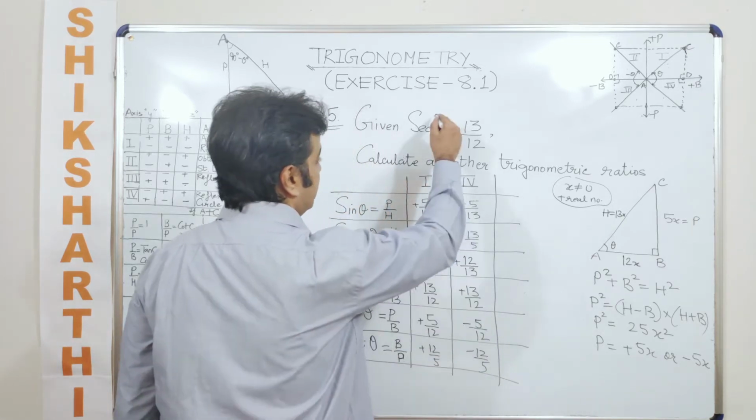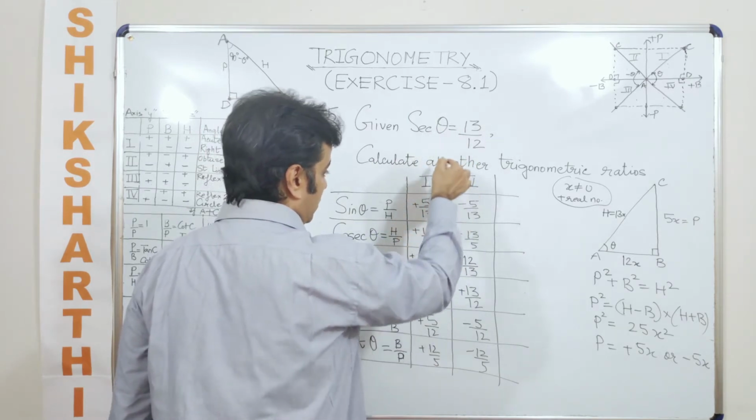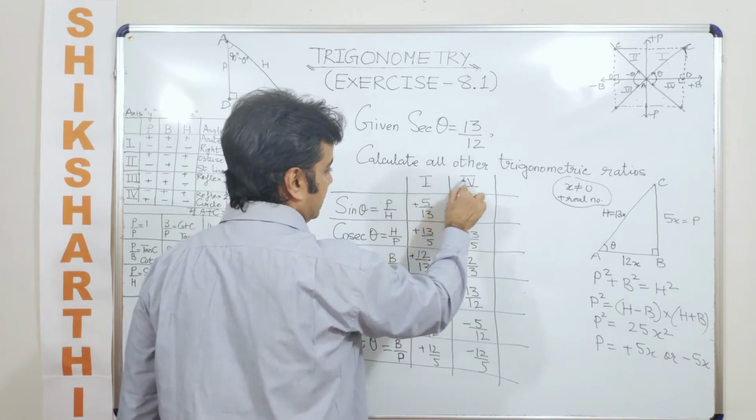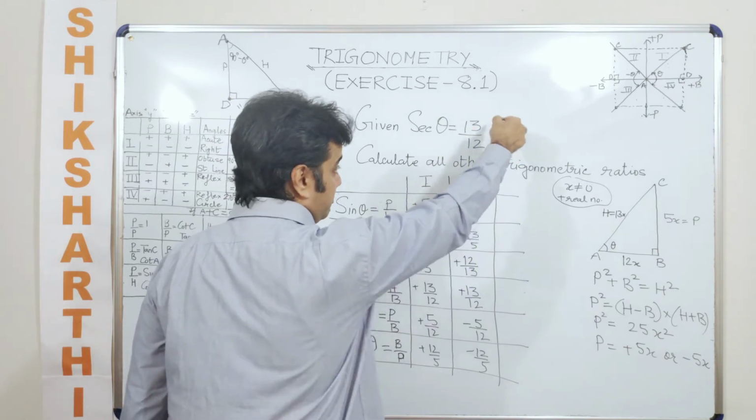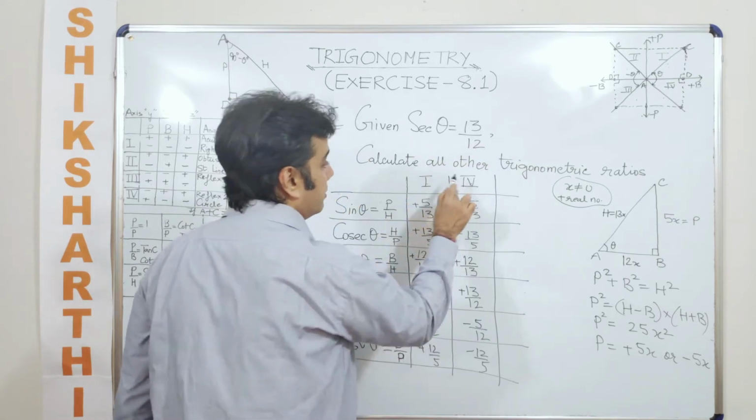So finally, sec theta is positive in which quadrants? The first quadrant and the fourth quadrant. So since sec theta is positive in the first and the fourth quadrant, and this is expressed in terms of a ratio, which is why we are considering both the quadrants.